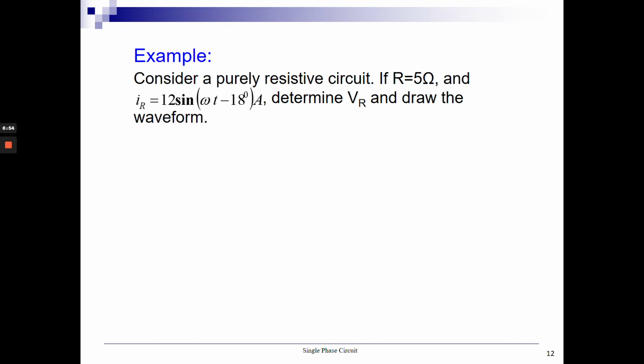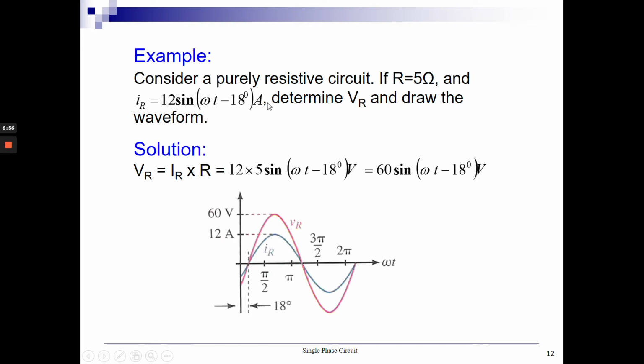So apply Ohm's law, V equal to IR. You will get 12 times 5 sine omega t minus 18. So your V is 60 sine omega t minus 18 degree. This is how you draw the waveform.